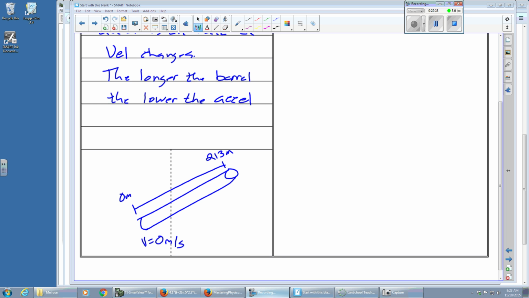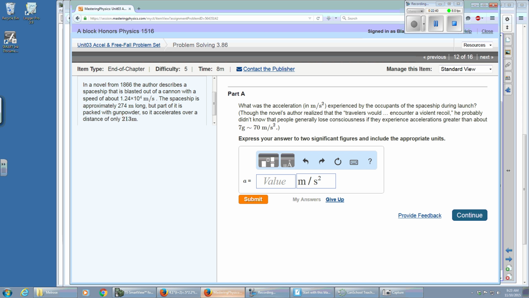And that's where the author made a slight mistake, where they said the spaceship is. It should have said the cannon is approximately this long. They're talking about I think it's called Trip to the Moon or something like that, where Jules Verne envisioned a train being shot to the moon.